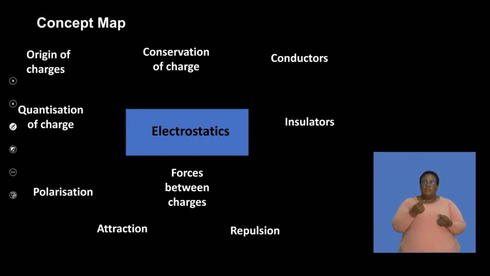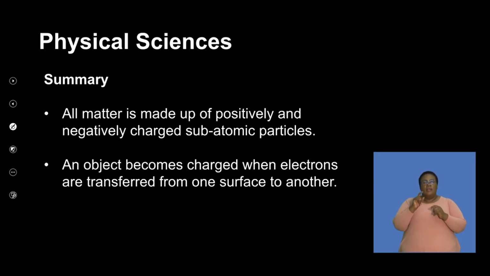So we've managed to look at quantization of charge, origins of charge, as well as the conservation of charge. All matter is made up of positive and negative subatomic particles, but remember, the transfer is about the electrons.